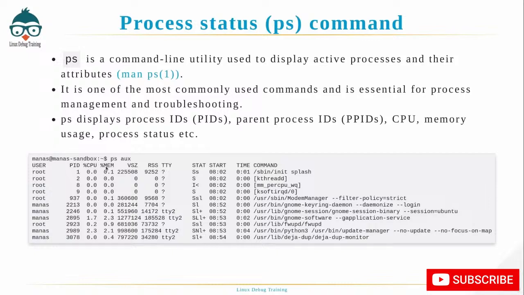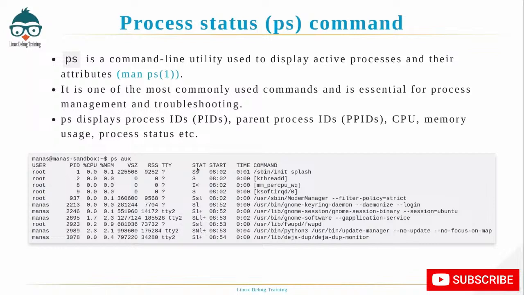%MEM represents the percentage of RAM usage by the process. It is the ratio of the process's RSS memory to the physical memory on the machine. VSZ represents the virtual memory size of the process, whereas RSS, we already discussed, indicates the portion of memory held in the RAM, including the shared library. TTY states the terminal type associated with the process.